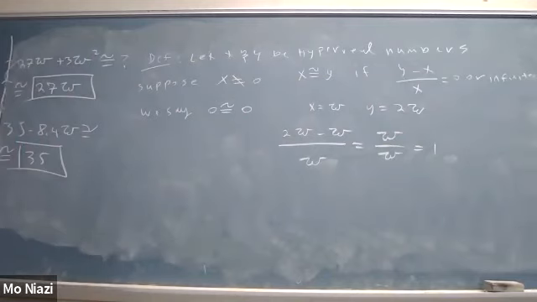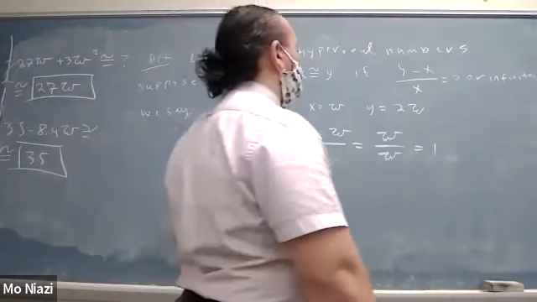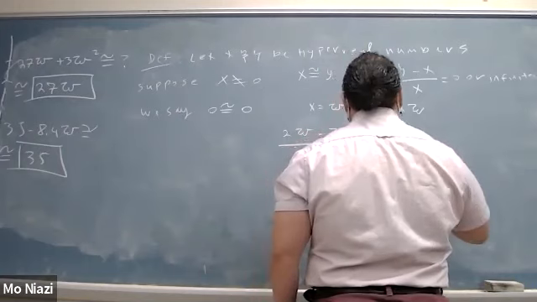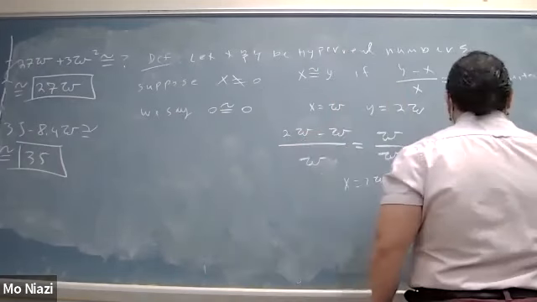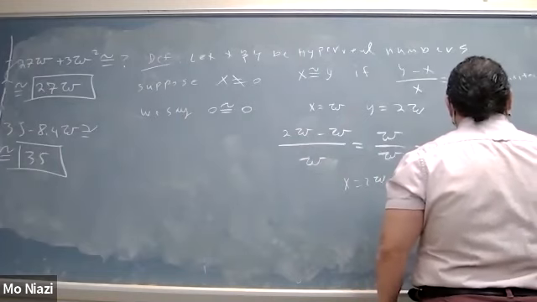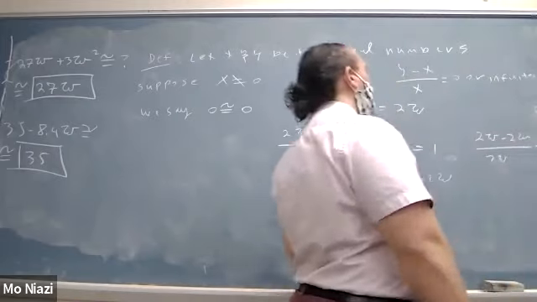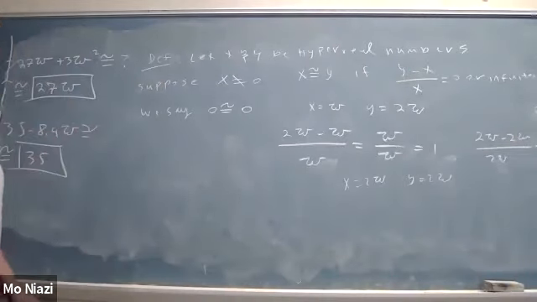So we cannot say that omega and 2 omega are approximately the same, because it didn't equal 0 or an infinitesimal. But if x is equal to 2 omega and y is equal to 2 omega, then you get (2 omega minus 2 omega) over 2 omega. Here you get 0 over 1, which is 0. So yes, we can approximate 2 omega with 2 omega.